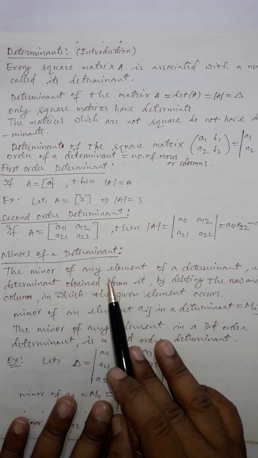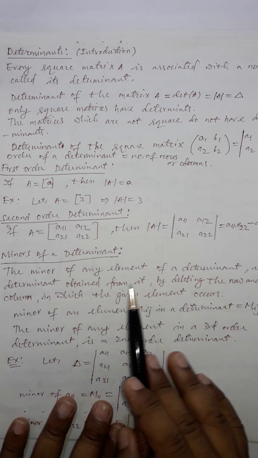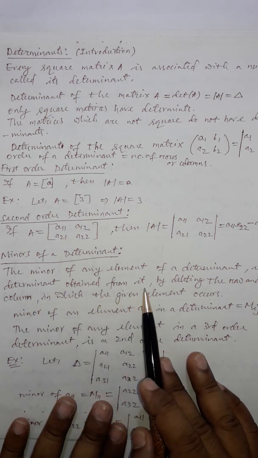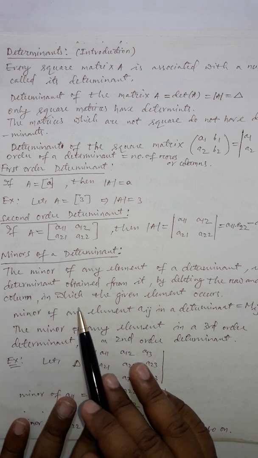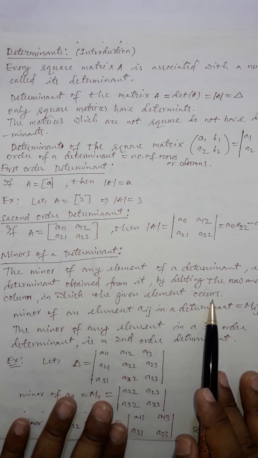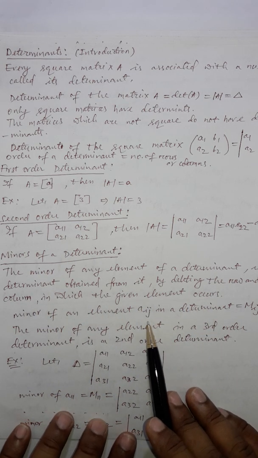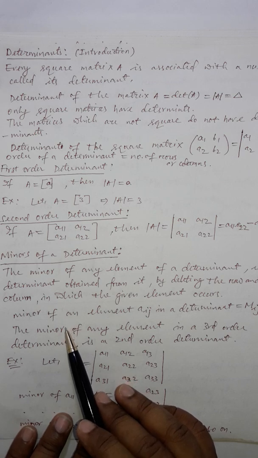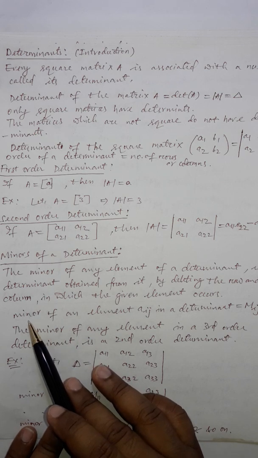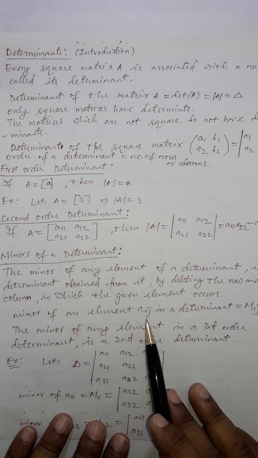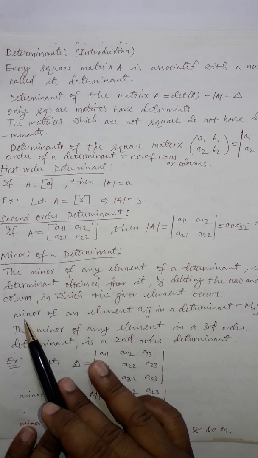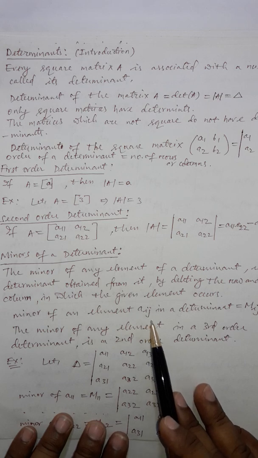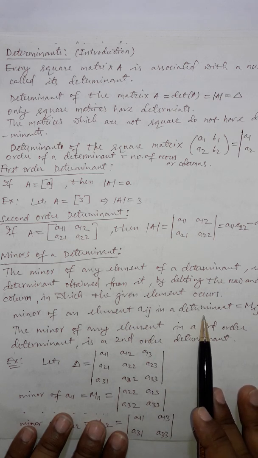The minor of any element of a determinant is the determinant obtained from it by deleting the row and the column in which the given element occurs. So, let us take a determinant, and in that determinant there is an element aij, and I have to find the minor of that element aij.